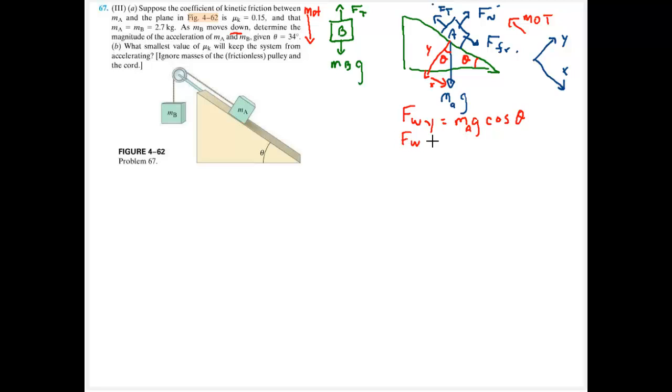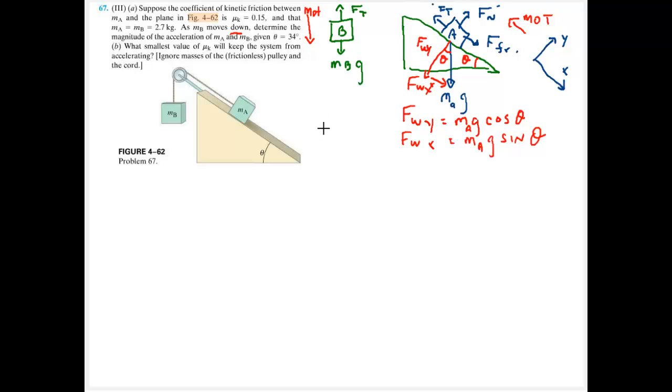The force of the weight in the x direction is going to be equal to the mass times gravity times the sine of that angle right there. So those are the two components, force of the weight in the x, force of the weight in the y. And I've broken that guy up into its two components.